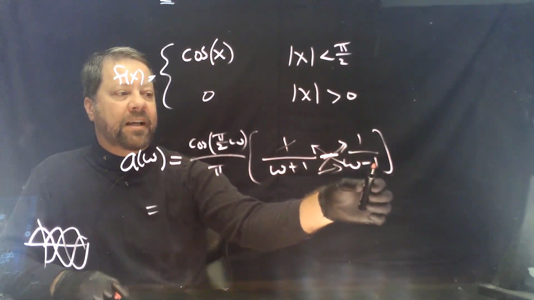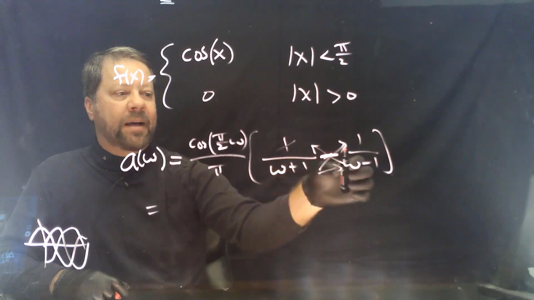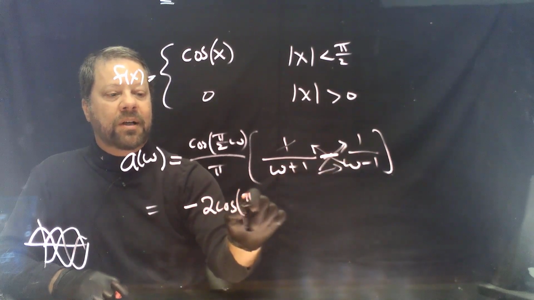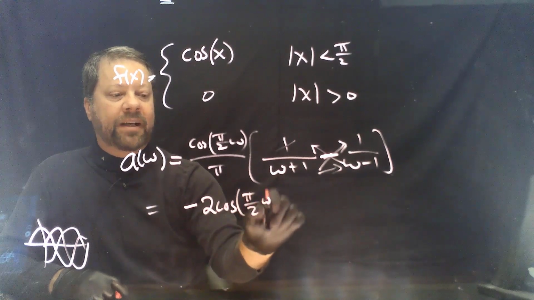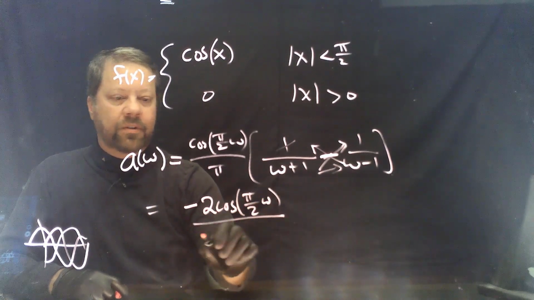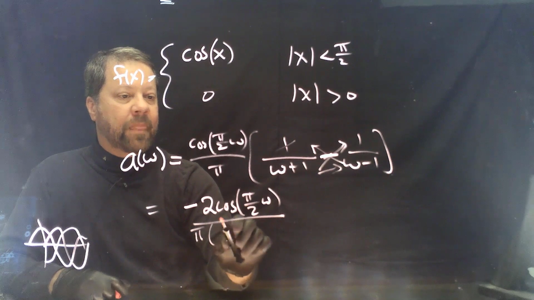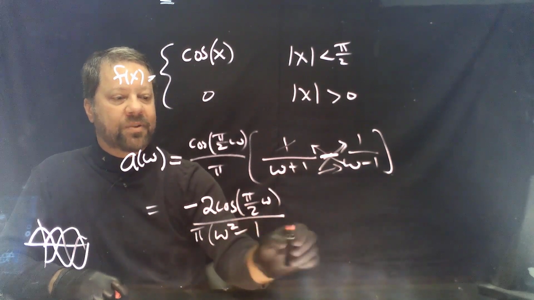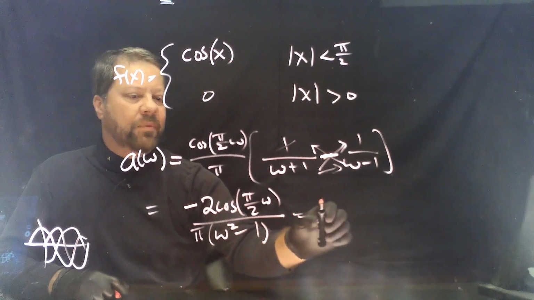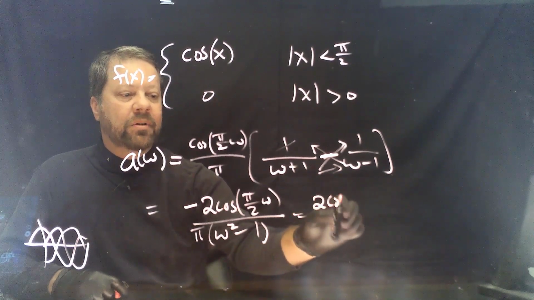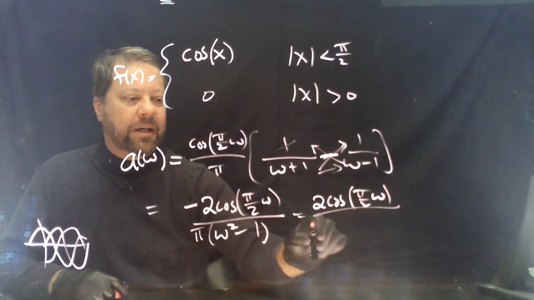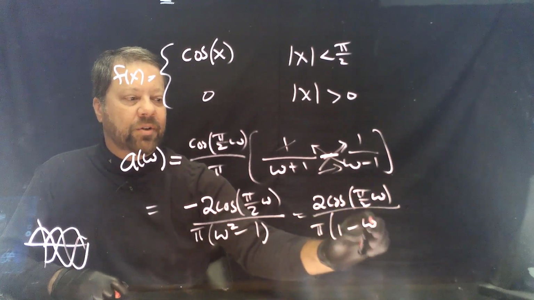We'll have a negative 1 minus negative 1 that gives us negative 2 cosine pi over 2 omega over pi times, let's see, we have omega squared minus 1, and we can rewrite this as 2 cosine pi over 2 omega over pi times 1 minus omega squared.